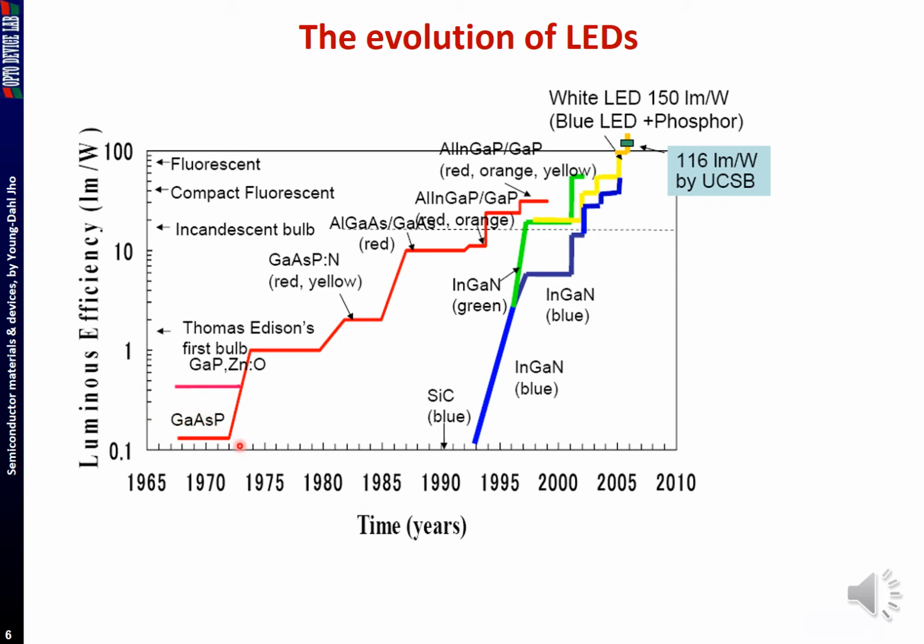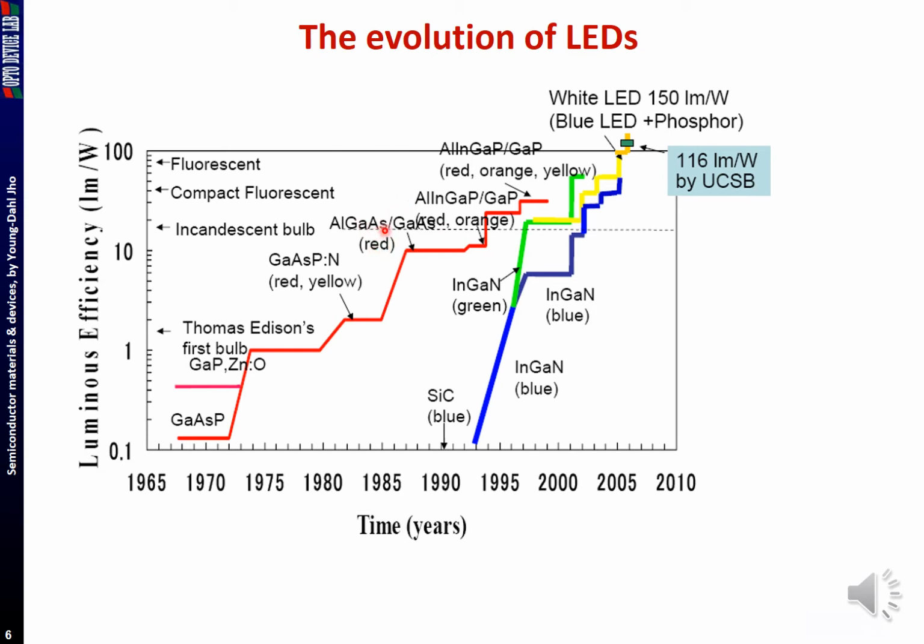Within gallium arsenide, we put some additional phosphorus, and we have the gallium arsenide phosphide LED. And there come some other materials like gallium phosphide, zinc oxide, gallium arsenide phosphide doped with nitrogen, and aluminum gallium arsenide, and this slash means it has a heterostructure.